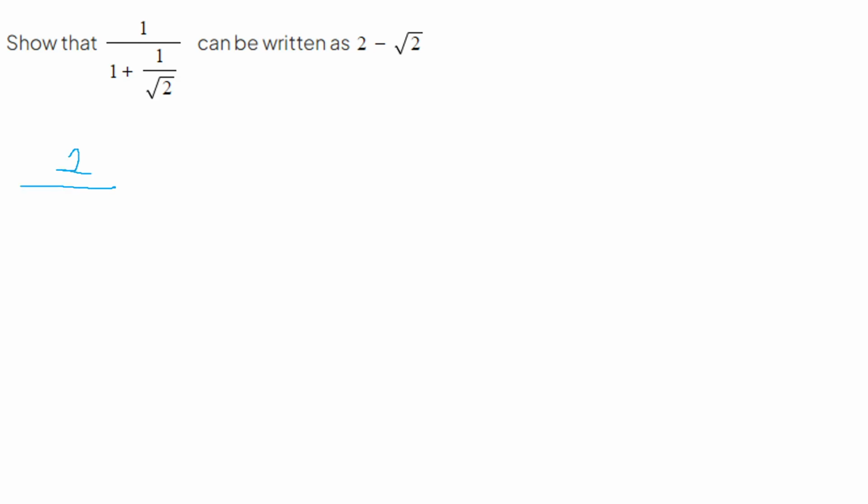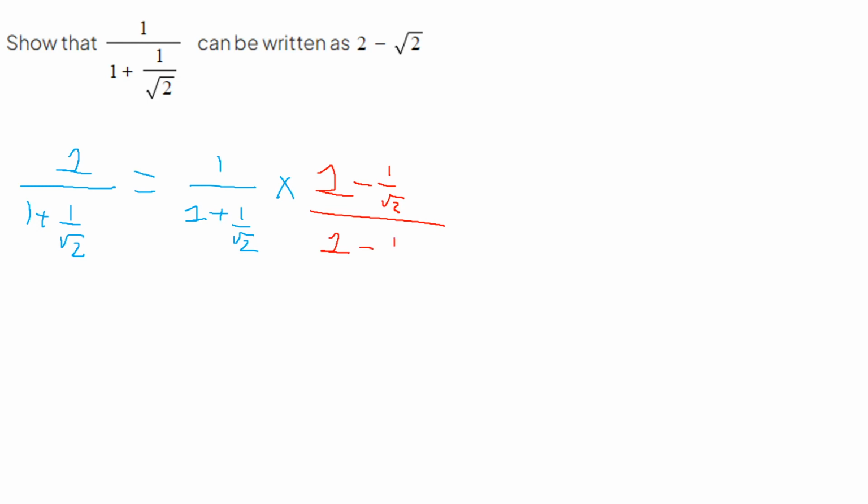So 1 over 1 plus 1 over root 2 is the same as 1 over 1 plus 1 over root 2 times, and then we use a difference of 2 squares. So it's going to be 1 minus 1 over root 2 over 1 minus 1 over root 2.